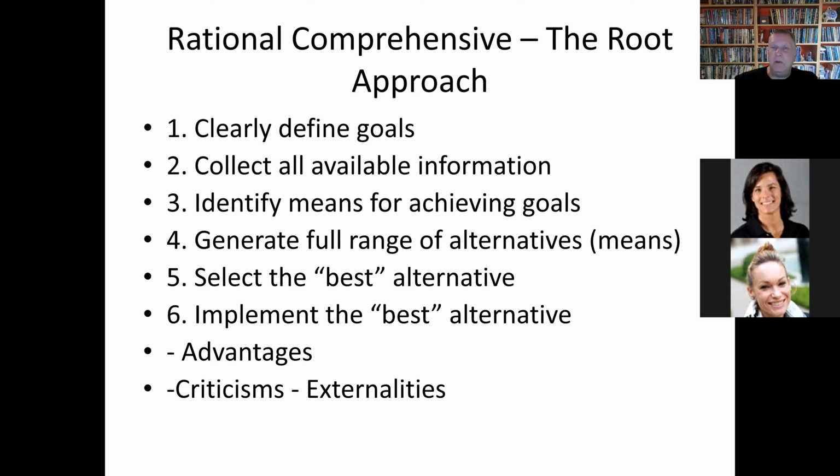And so there could be some negative aspects of some of the alternatives, and we were not able to consider those negative aspects. So basically, the moral of the story here again is that while rational comprehensive decision-making makes sense in a classroom setting, it's very difficult to obviously implement it in the everyday world of public policy and administration.